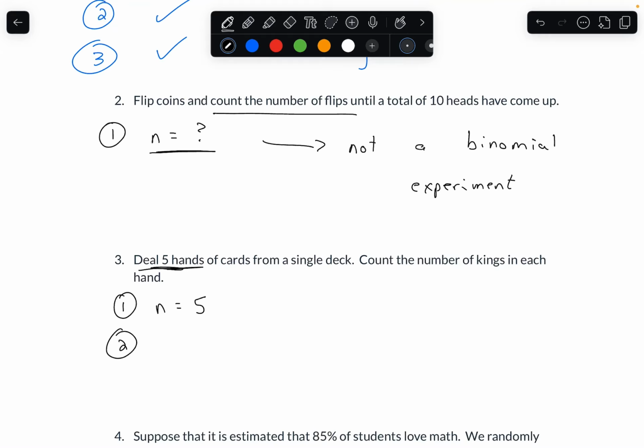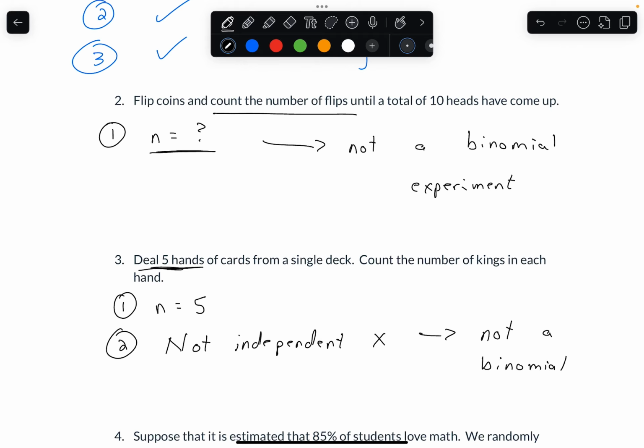I'm assuming I'm drawing these hands without replacement, meaning I'm going to deal all of these hands at the same time and count the number of kings. So in this case, if they're dealt without replacement at the same time, then these are not independent. And if our trials are not independent, that means this is not a binomial experiment. Now, I should say it's perhaps a little unclear whether we're dealing with replacement or without replacement.